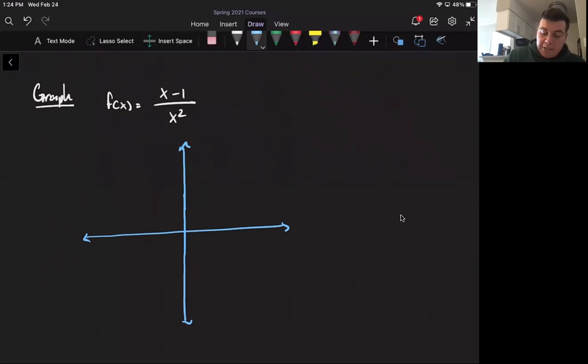Our knowledge of rational functions tells us that we can't divide by zero, therefore zero has to correspond to a vertical asymptote. So we'll put a dashed line through the y-axis. That's representing our vertical asymptote, so that way we don't divide by zero.